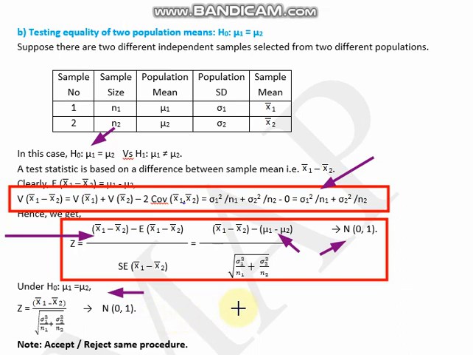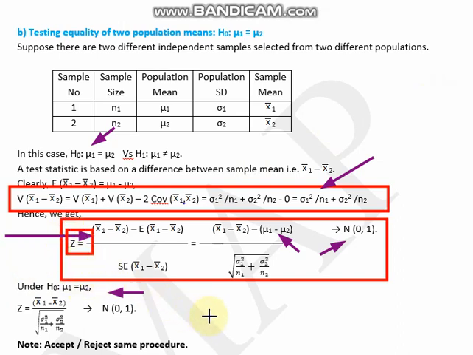In any testing procedure, dear student, we have to follow a 4-step procedure. The first step is setting up the null hypothesis and the alternative hypothesis. The second is we have to find out the test statistic. In this case my test statistic is the Z value.